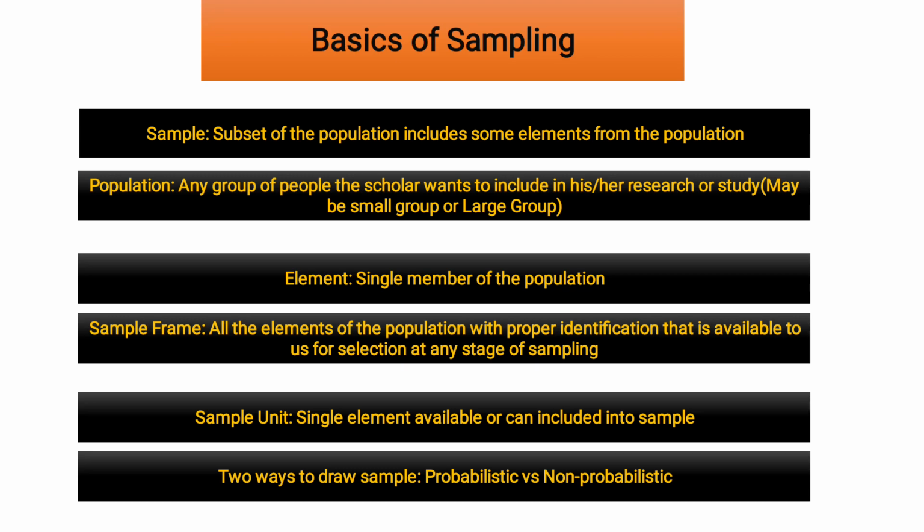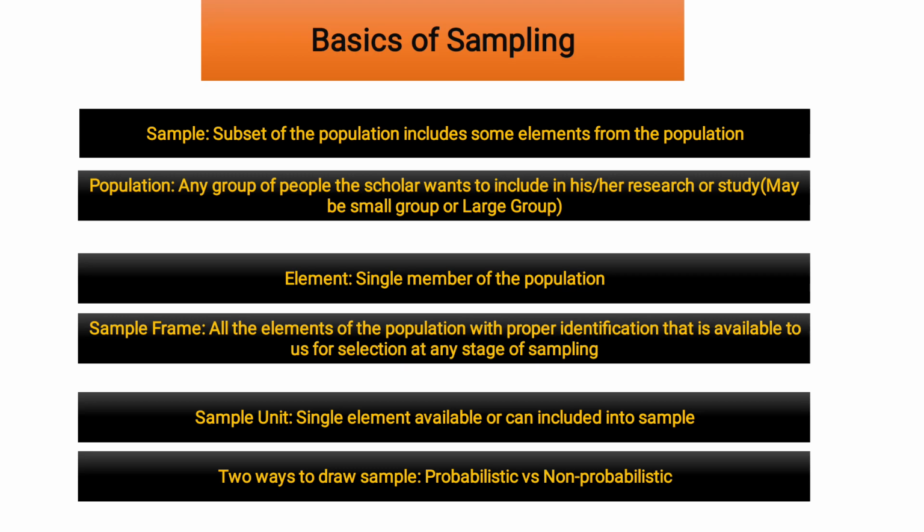Or you can use random number generation. You can generate random numbers in Excel, or there is a very good website called random.org. You can use that website to generate random numbers, and based on these random numbers you can draw the sample from the sample frame.